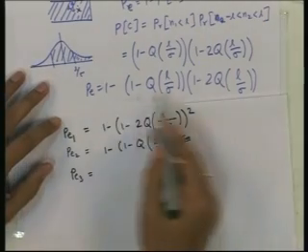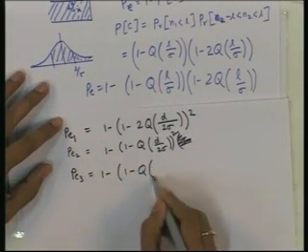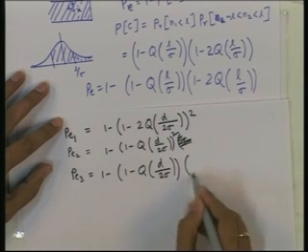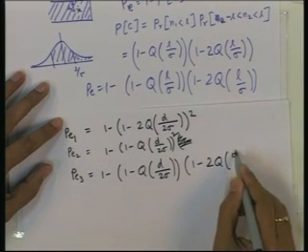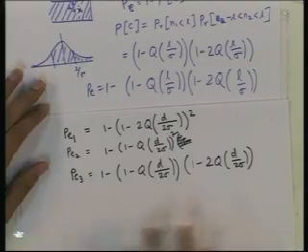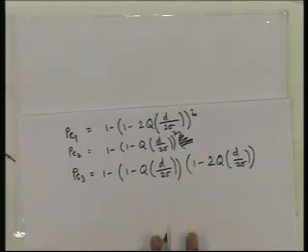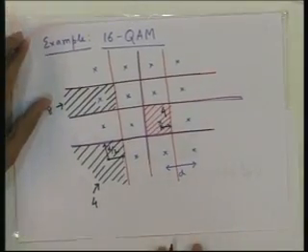So, this PE3 is 1 minus Q of d by 2 sigma times 1 minus 2 Q of d by 2 sigma. So, we have computed the probability of error for these 3 types of decision regions that come in this 16 QAM constellation.